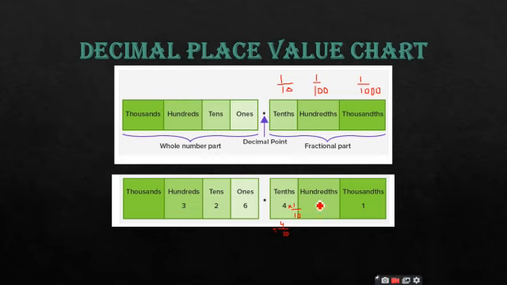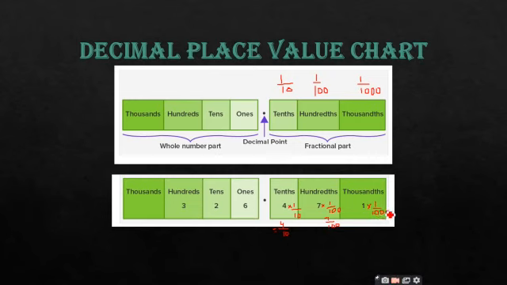Then we have 7 in the hundredth column, which means 7 multiplied by 1 upon 100, and it's equal to 7 upon 100. Then we have 1 in the thousandth column, which means 1 multiplied by 1 upon 1000, and it's equal to 1 upon 1000.